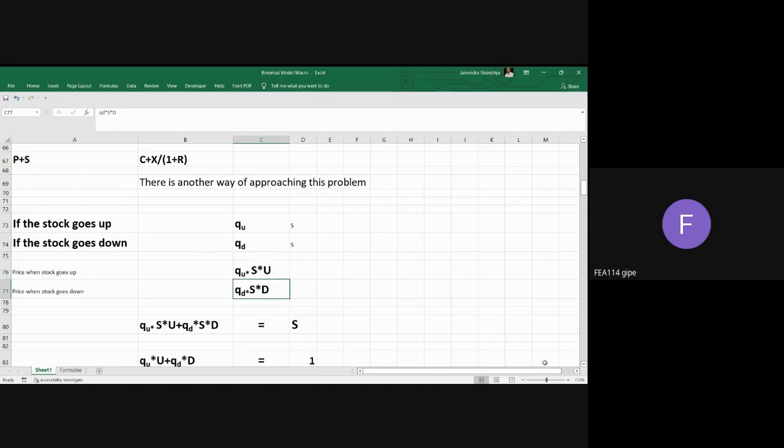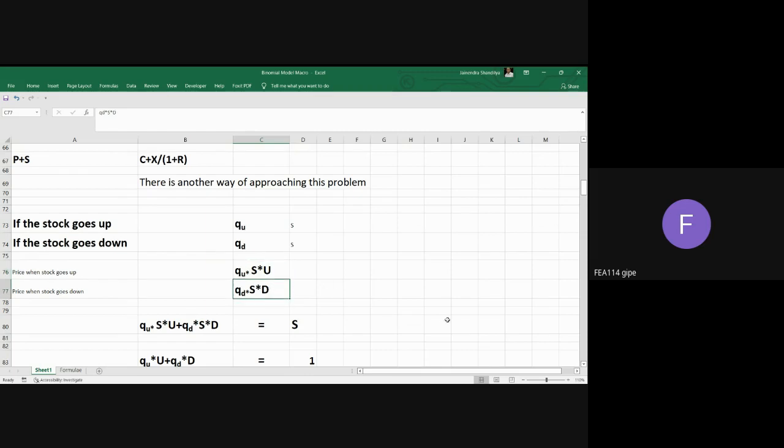Because we are pricing the option at QU, assuming that the stock is going to be up. But if it goes up, its price will be S into U. So S is the actual price from where we started, U is the up movement, which is 10%. But because we are pricing by the factor QU, the actual price in the up state is QU into S into U, which is what this particular thing is showing.